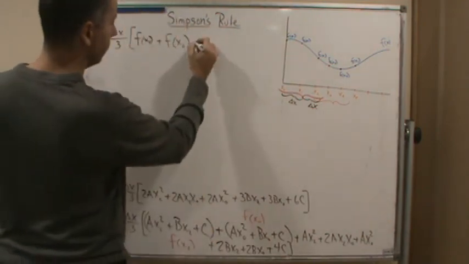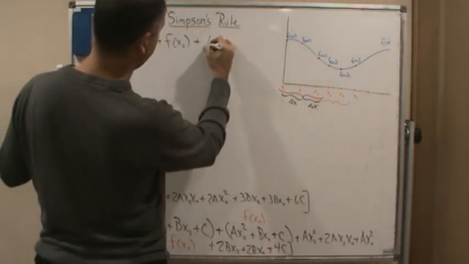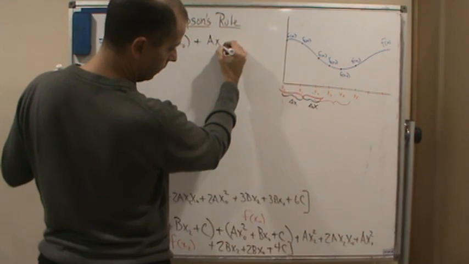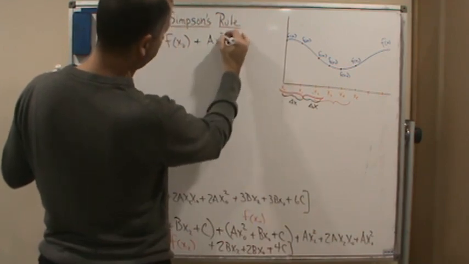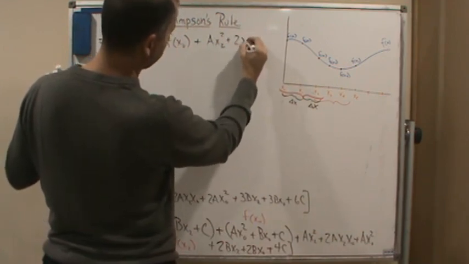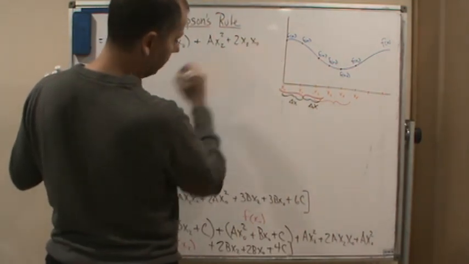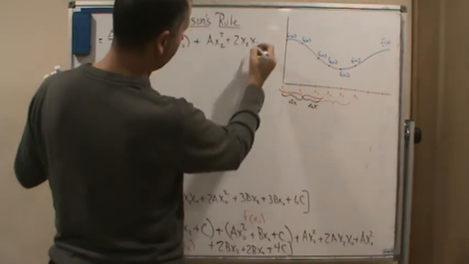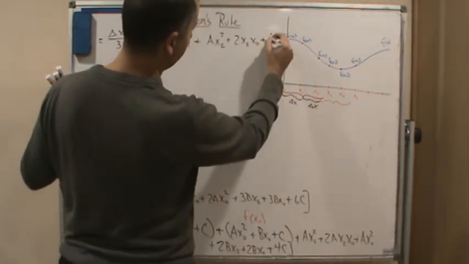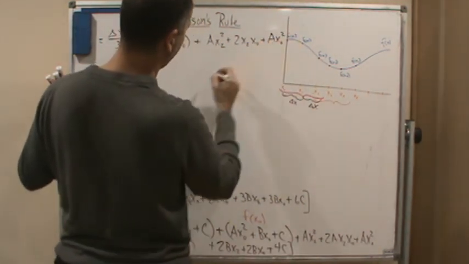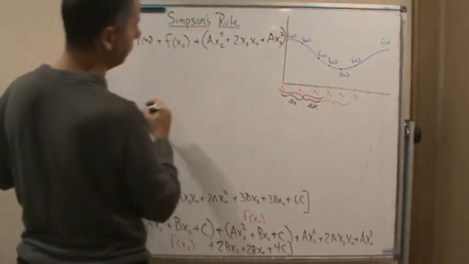And then plus ax2 squared plus 2 times x2 x0 plus ax0 squared, so we group those together.